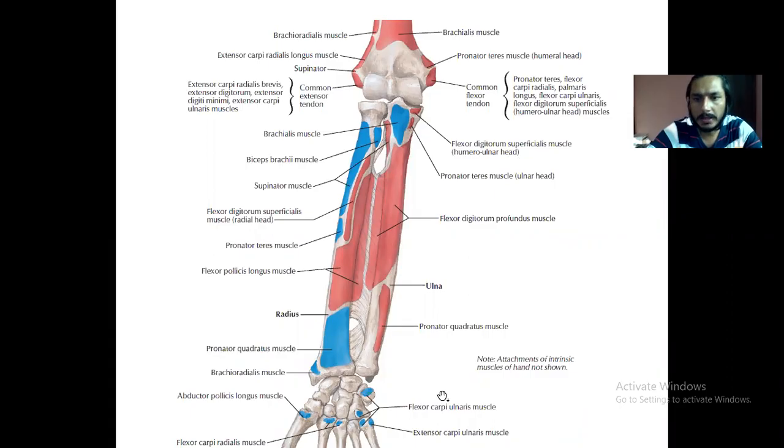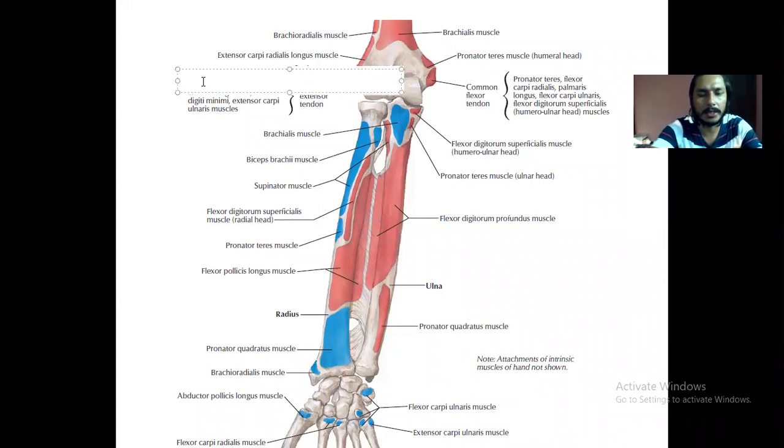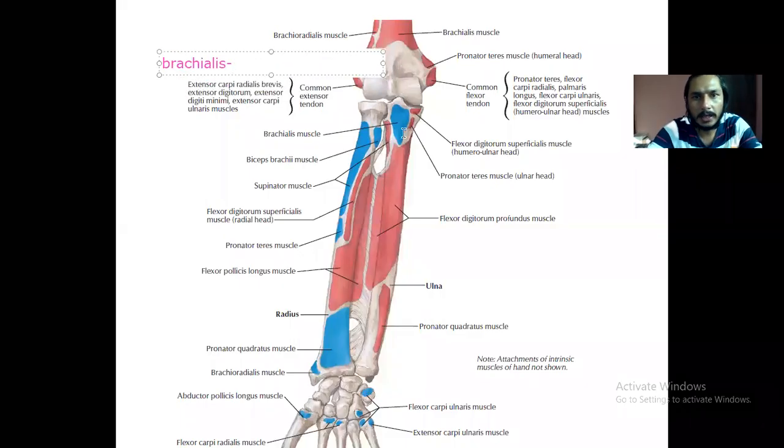So the next muscle, let's go for the brachialis now. The brachialis origin is in the humerus. Now insertion is here. So brachialis muscle, see, the insertion you can see here. In the anterior surface of the coronoid process and the ulnar tuberosity. So that is the insertion.